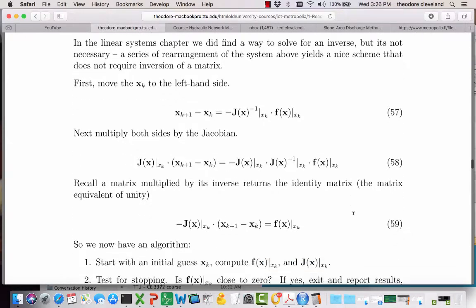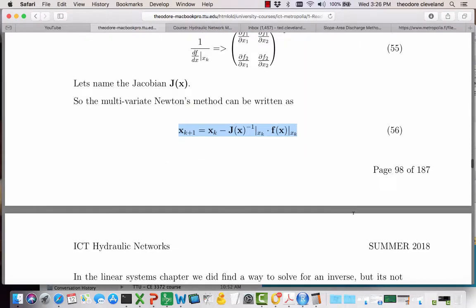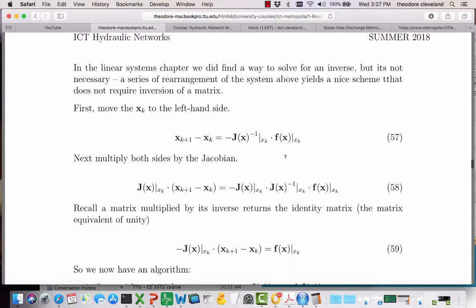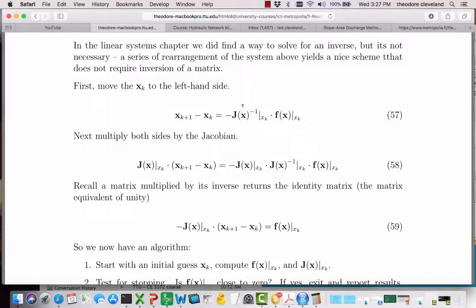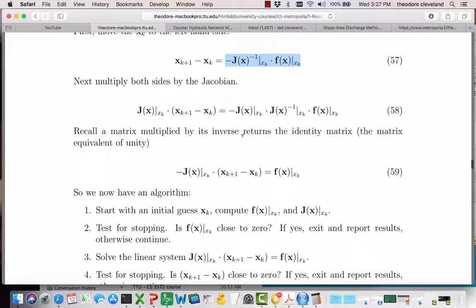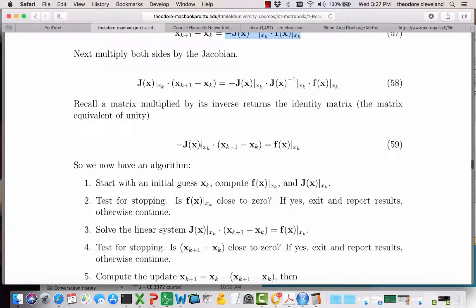analyses. We'll take a few more steps here because one of the things we don't want to do in practice, usually, is actually invert the matrix. In Excel we might, it might just be easier. But if we do a little bit of arithmetic, we have x_{k+1} minus x_k equals the negative of the Jacobian inverse times f, multiply both sides by the Jacobian, and finally we have the negative of the Jacobian times x_{k+1} minus x_k, the change in x, equals f of x.